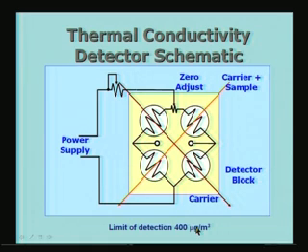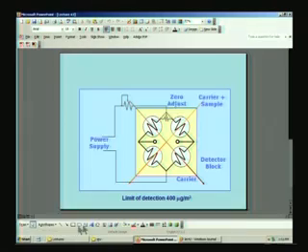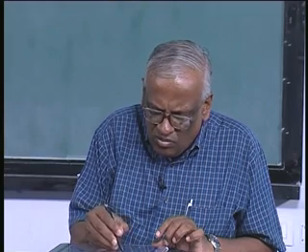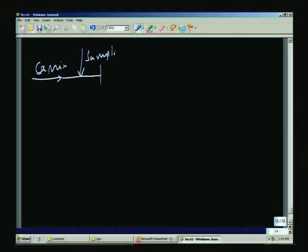Let me just complete this by showing you what we expect in the case of a GC detector. Let us assume that the GC is arranged like this. You have the carrier, this is the sample, then it goes through the separator or separation column, and then what comes out are different gases.